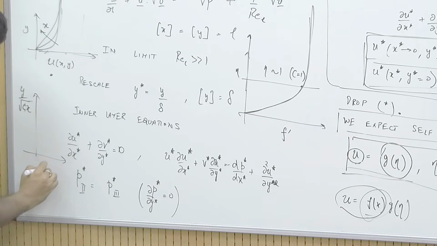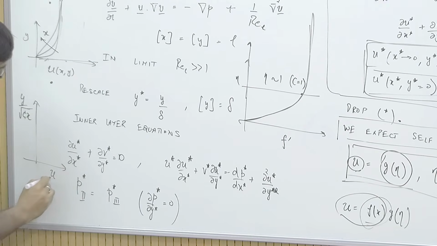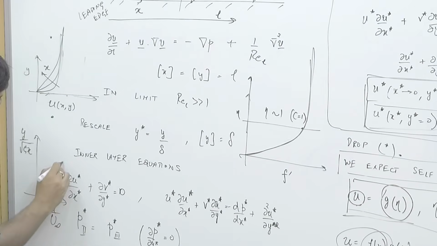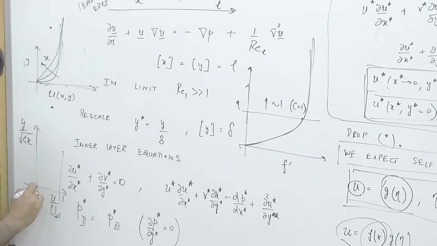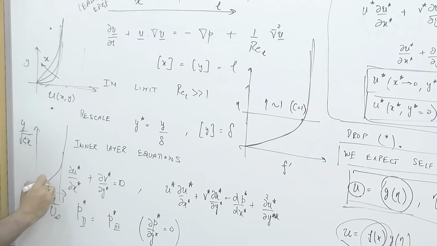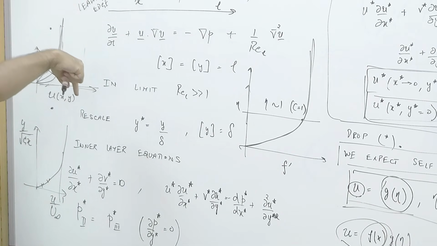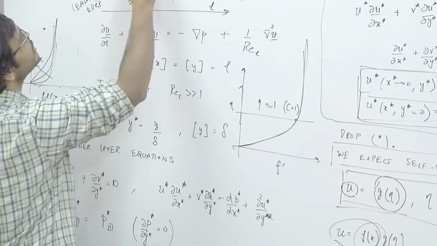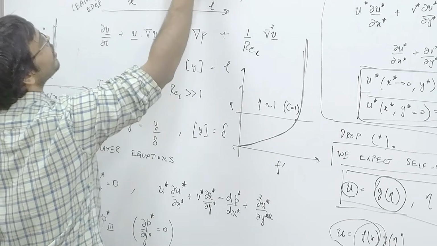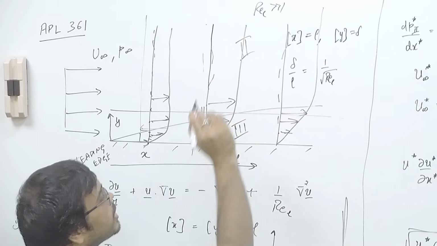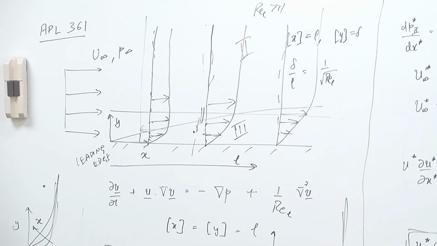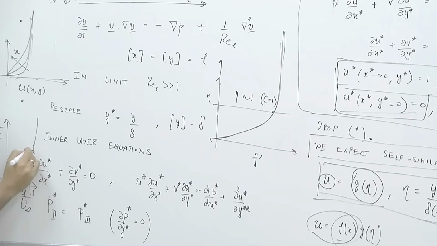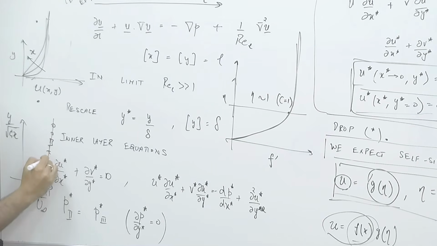You can do a scaling, and instead of plotting u, you can plot u by u infinity, and here you have 1. If you do an experiment for flow past a flat plate, and you measure velocity here, here, and here, all of those points will fall on a single curve once you do the scaling of your y coordinate.